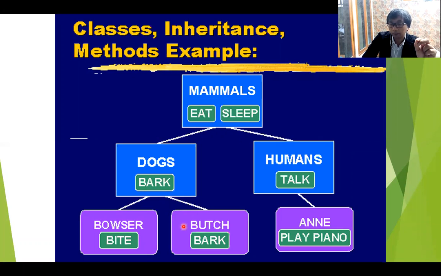But this is showing that if we have this kind of situation, the dogs can bark, so why does the Butch need to define another new function with the same name? If you find this kind of situation, it means that the barking method between dogs and Butch is different, but the name is still called bark.